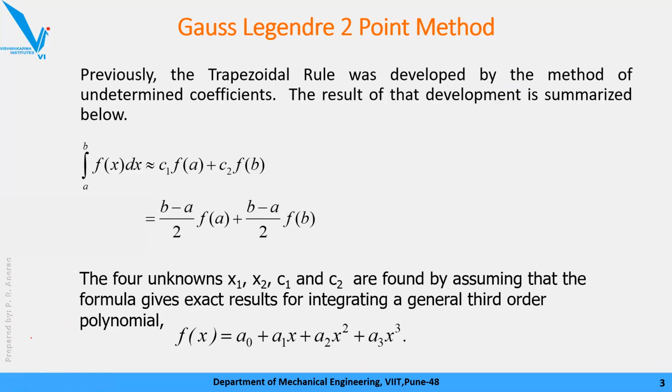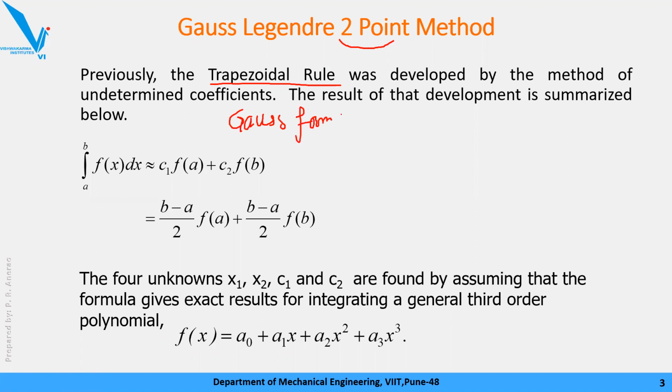As we know, the Gauss-Legendre's method, here I am specifically saying the 2-point method, is derived with the concept of the trapezoidal rule and a Gauss formula.